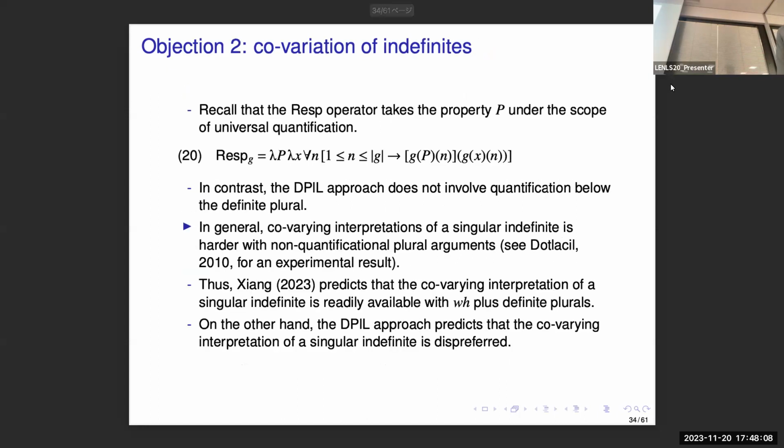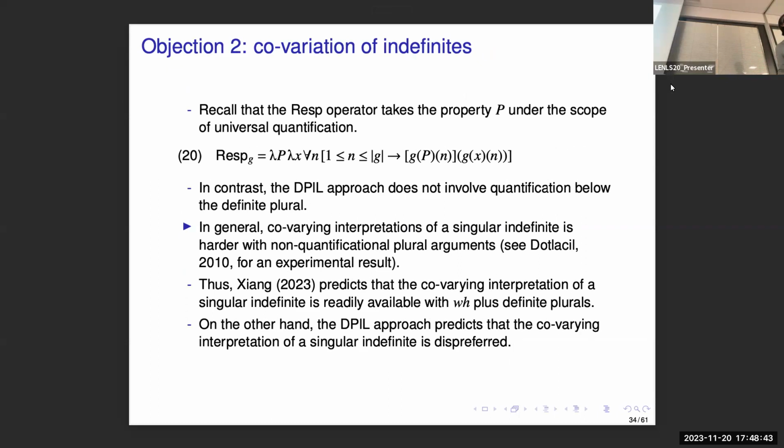And you can still say, well, for some reason, you can put in the RESP operator. Then let's see if that derives the right result. And here, importantly, you have a universal quantification over the index in the ordering, and the property P is put under the scope of that quantifier. So if you have some singular indefinite here, we predict you enable covariation of the singular indefinite, just like every student wrote a paper.